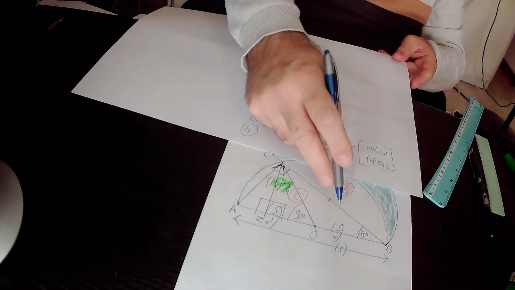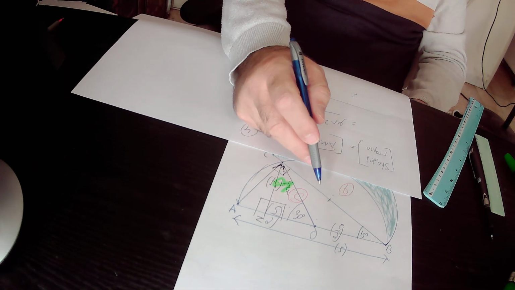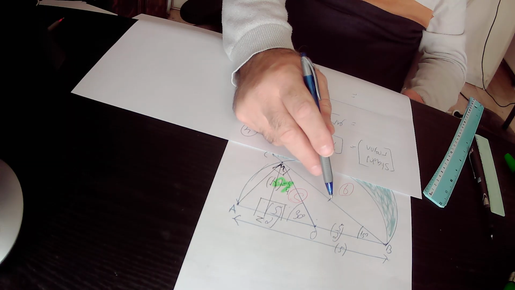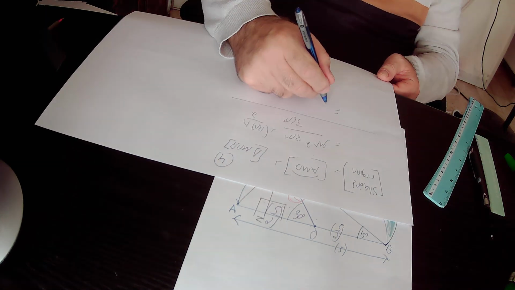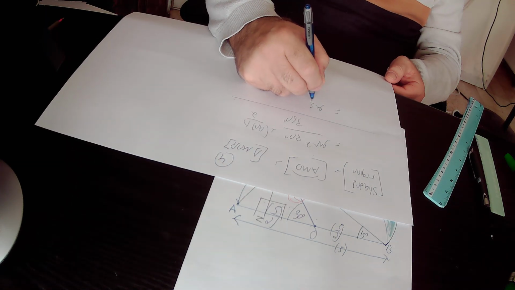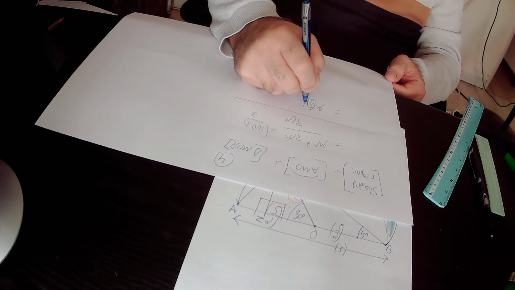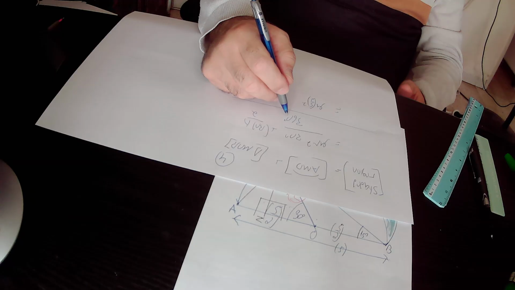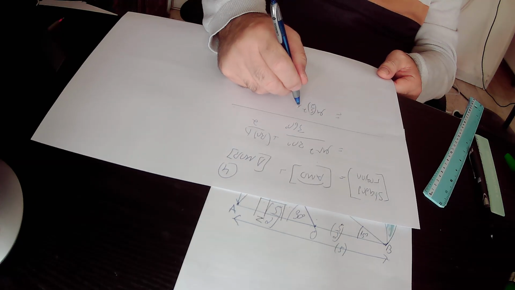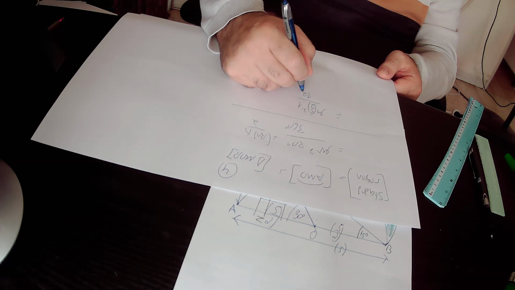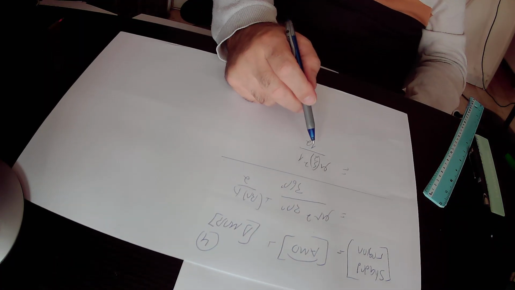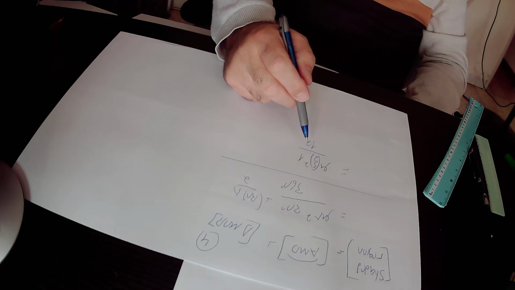R is 5 halves, and therefore r squared is 5 halves squared. So pi r squared is pi times 5 halves squared. 30 degrees over 360 degrees is 1 over 12. So in total, the area of sector AMO equals pi times 5 over 2 squared over 12.